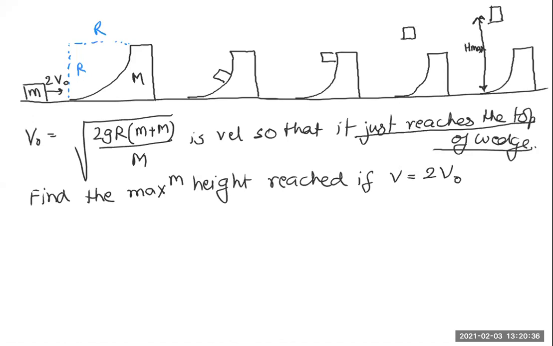So I have drawn many pictures, which you could also have drawn very easily. This is what is going to happen. Let's call them 1, 2, 3, 4, 5. Five pictures I have drawn.